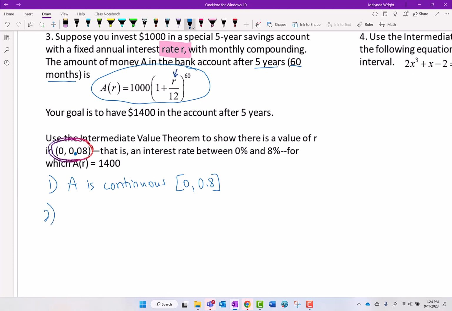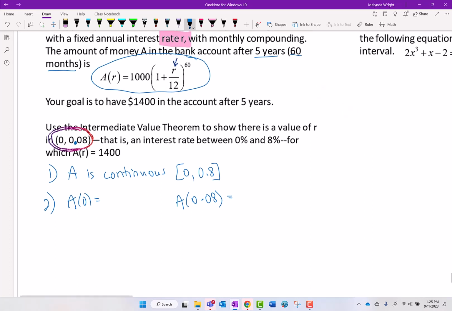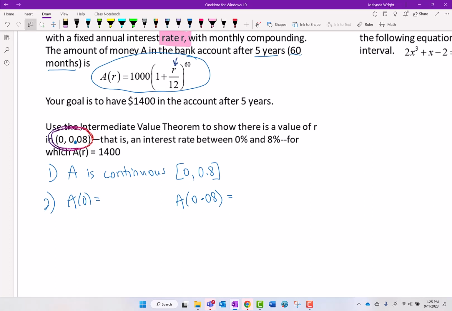I need to find A of 0, and I need to find A of 0.08, and I would use my calculator for that. Okay, I need to find them. I need to see if they're the same number or not. That's what I need to see. So A of 0, I use my calculator, I plug a 0 in for R, and I get 1,000.